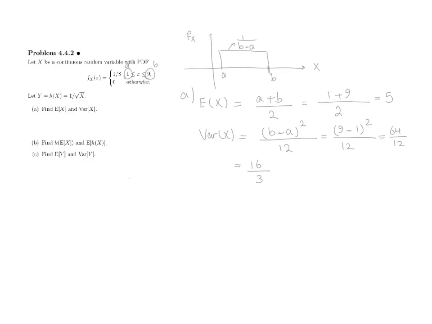For the next part, we are asked what is the h of the expectation value of x. We calculated in the previous section that the expectation value of x is 5, so we just need, in the formula of h of x, to put 5 instead of x, that is 1 over radical 5.